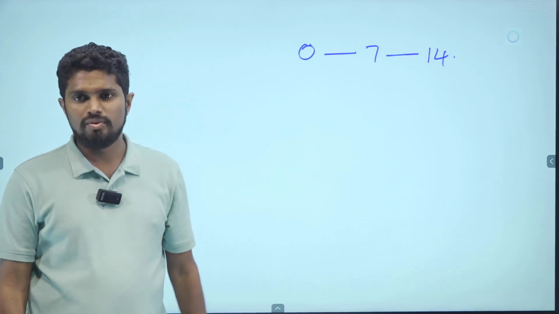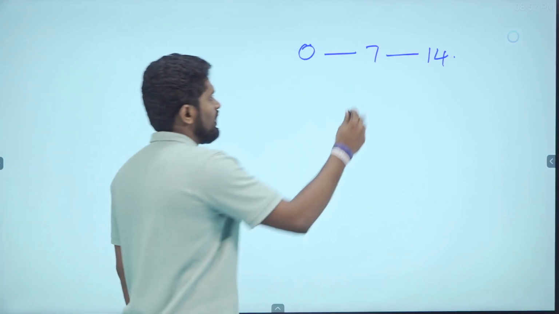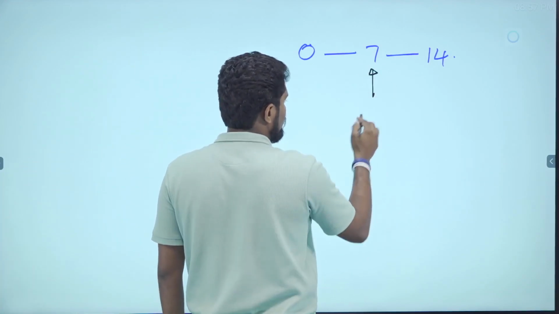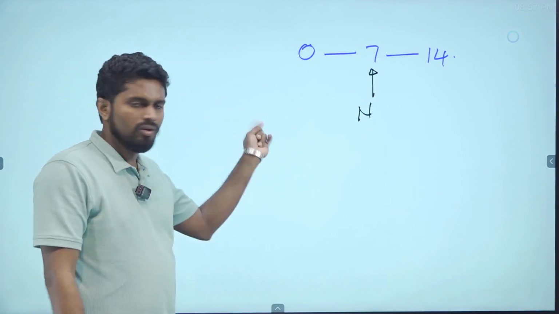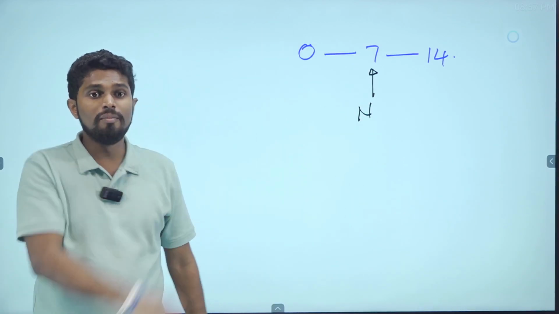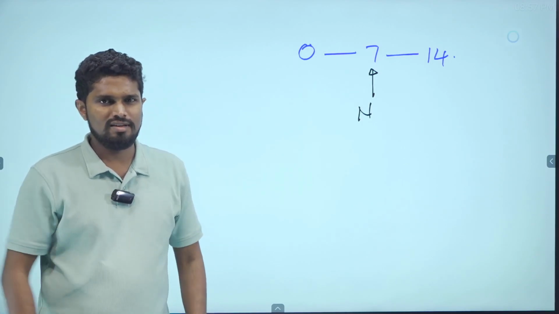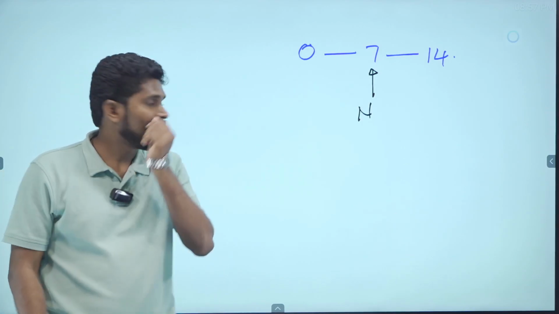And you know at pH value 7 is neutral, no? And from 0 to 7 it's acid or base.